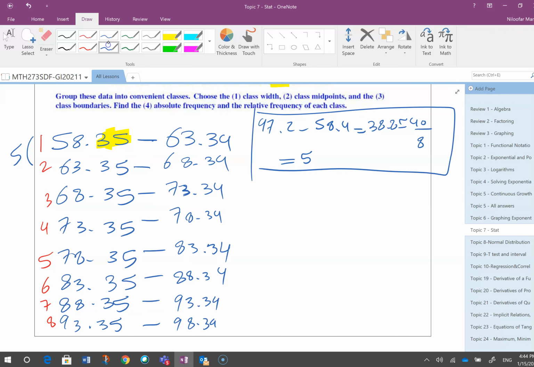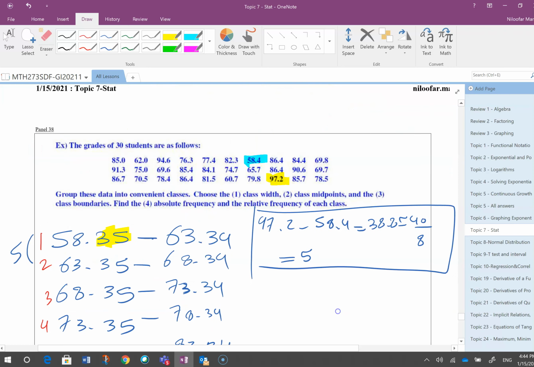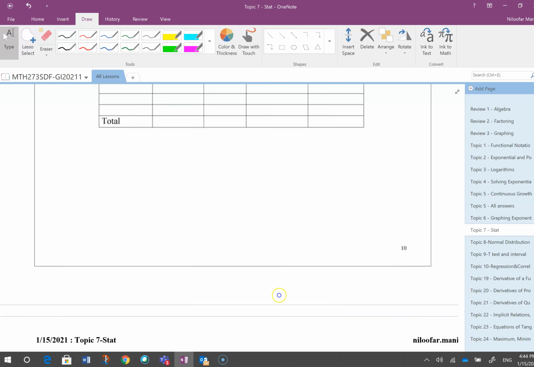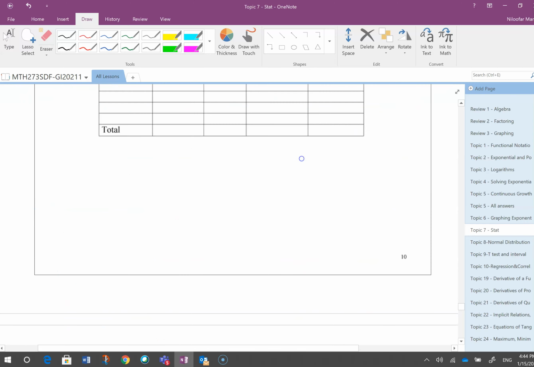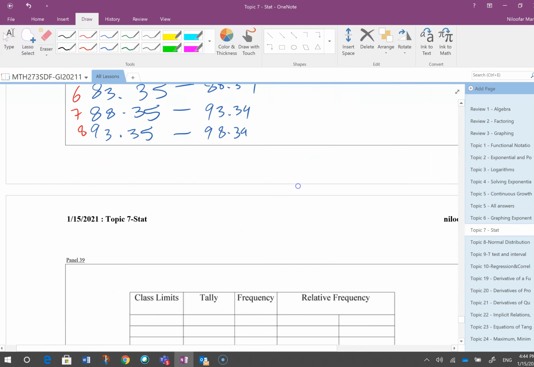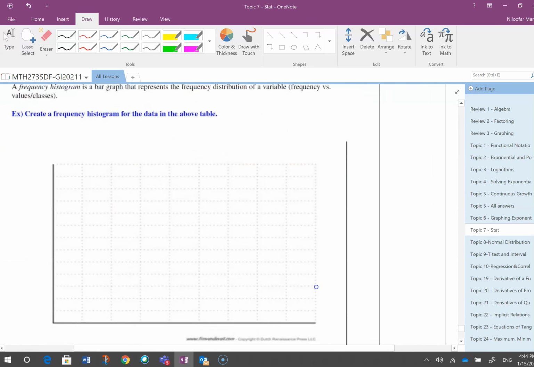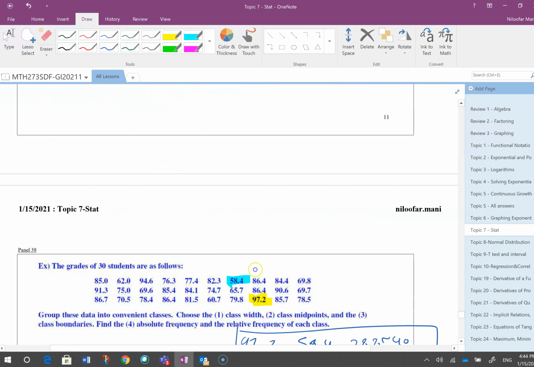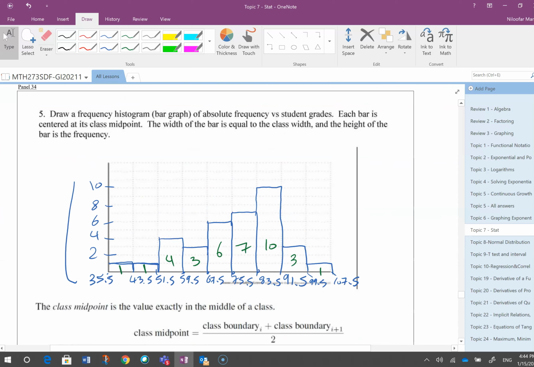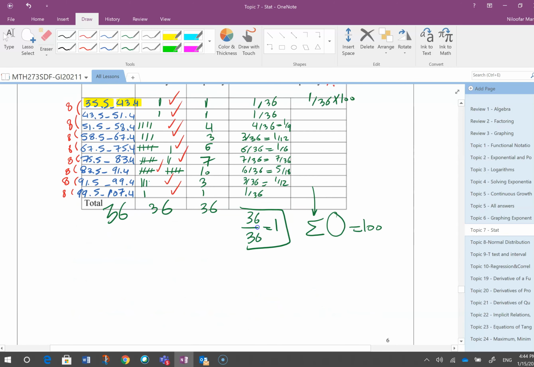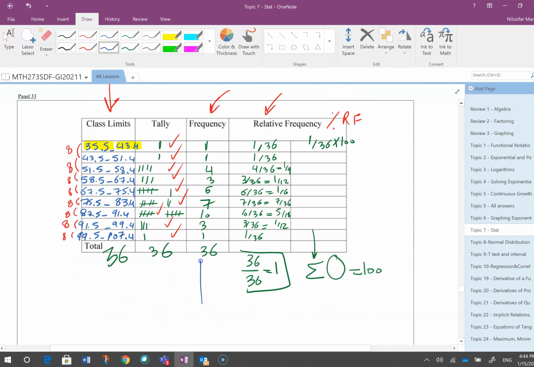Okay, so here you can look at this, and then you can fill this, and then you can graph it. This is also your homework, and that's good. See here, when I add them all, I have to reach 36.